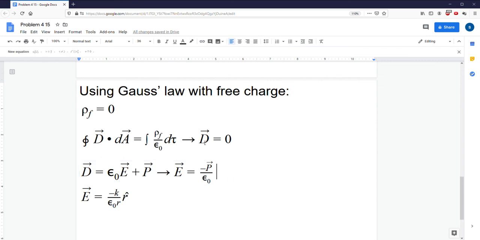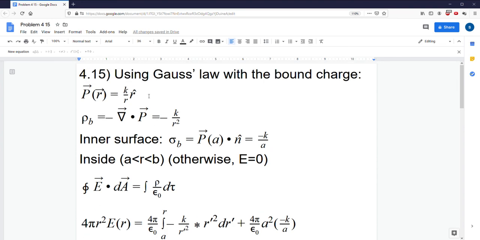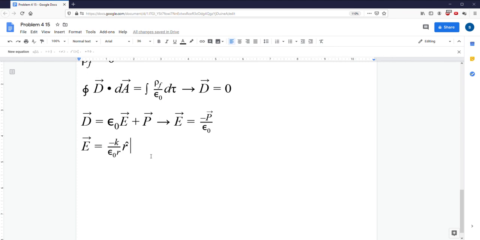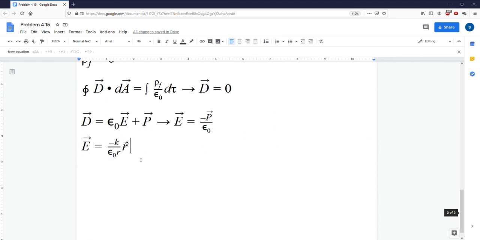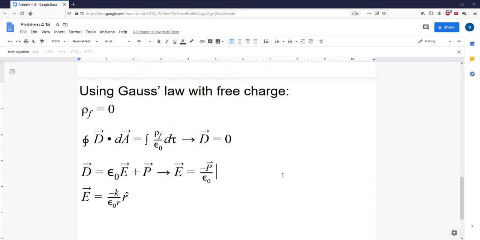Since electric displacement field is 0, electric field is equal to negative polarization over epsilon naught. Polarization was again k over r, r hat. Electric field is negative k over epsilon naught r, r hat. Same electric field, both methods, and I think we can agree this method was easier.